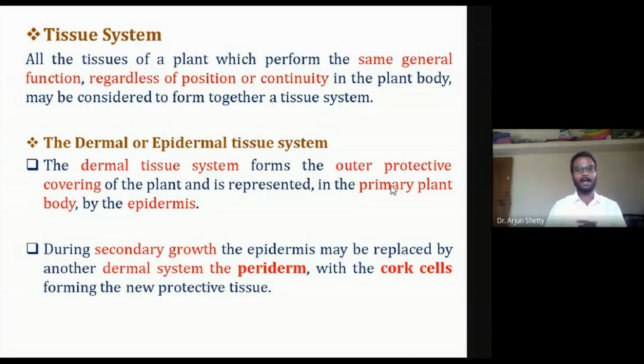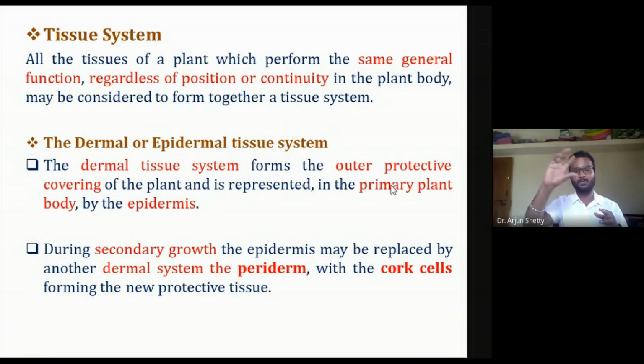Usually this epidermal tissue system is represented in the primary plant body, during primary plant growth. When the embryo starts dividing, at the dermatogen layer or 16-cell stage, there you are going to see the dermatogen formation.